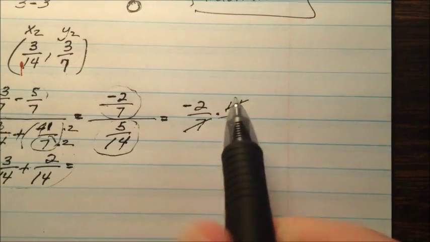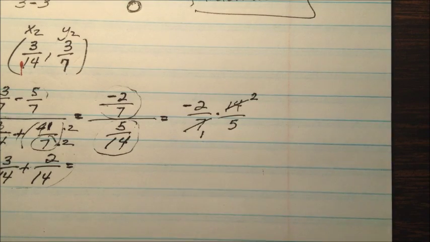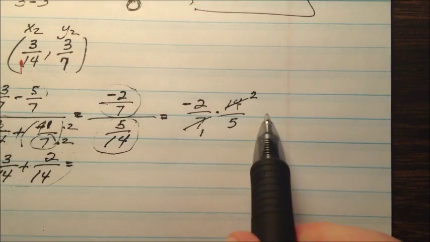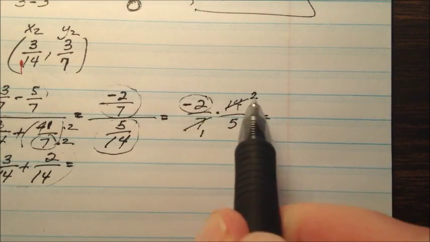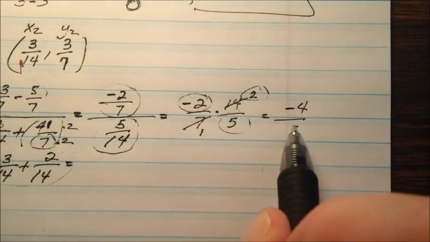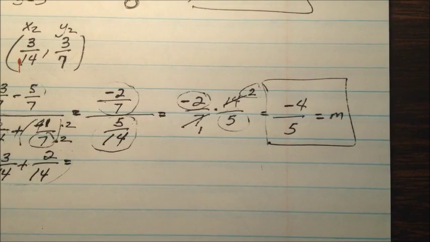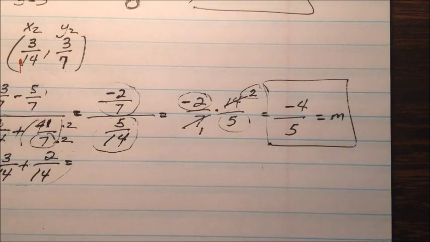Well, my 7 and my 14 I can reduce by dividing out a 7. So I get 1 on the bottom and 2 on the top. So when I finish that up, negative 2 times 2 is negative 4, and 1 times 5 is 5. So it looks like the slope for that problem is negative 4/5.